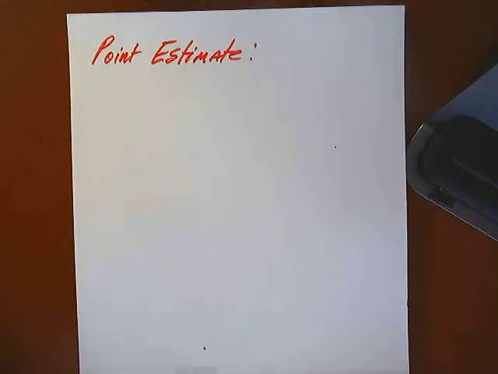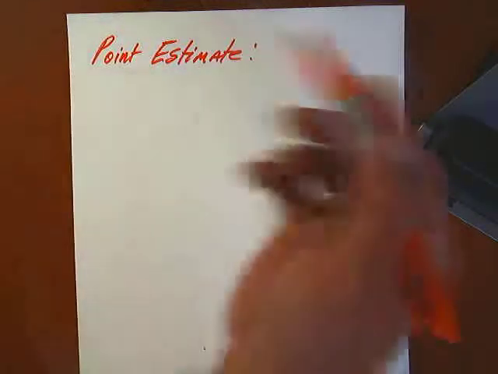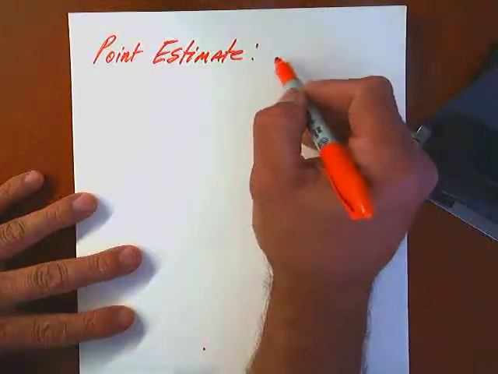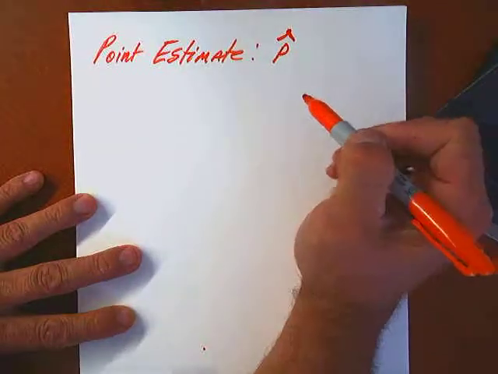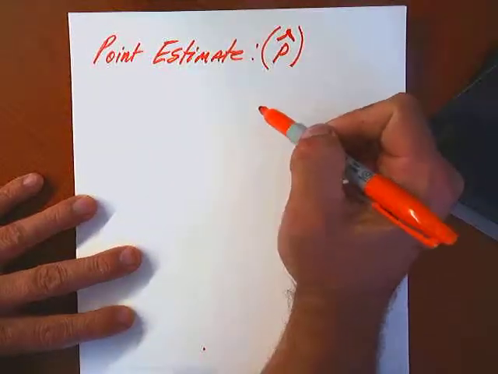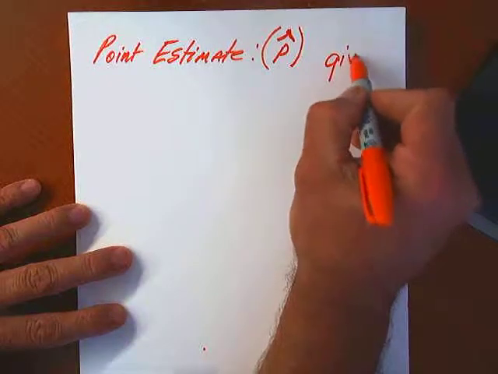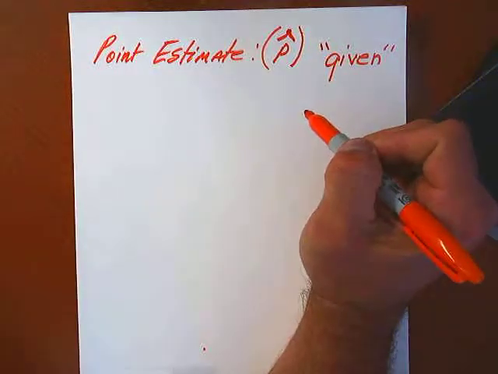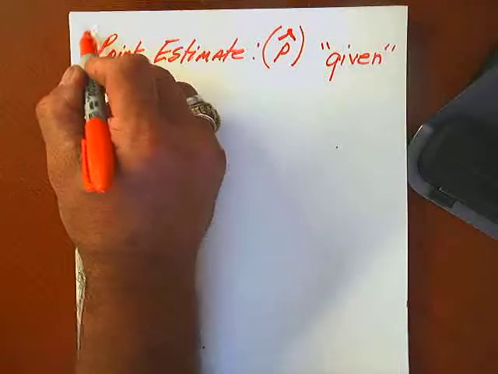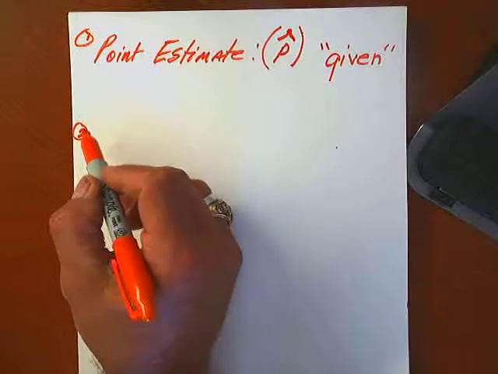And a point estimate is basically the sample proportion, and it's given by p hat, and it's the best point estimate of the population proportion. So when you talk about point estimate, you're talking about p hat, and that's the little caret symbol right there. We call it p hat. And usually that is given, or the information is given to establish p hat.